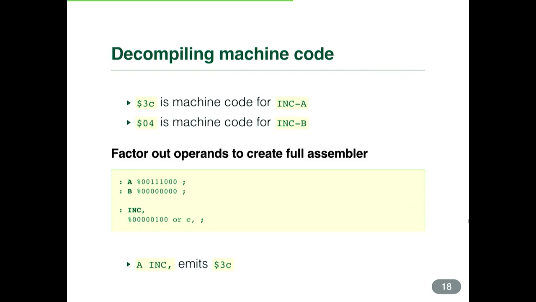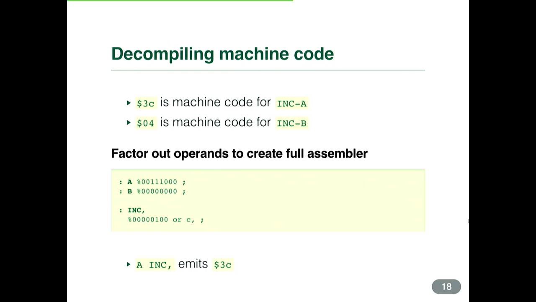But the nice thing is that we can find patterns again in between the machine codes as well. So what you can do is abstract away the operands of an action. The increments we can define separately, and basically combine them with an A and a B register, as shown here.